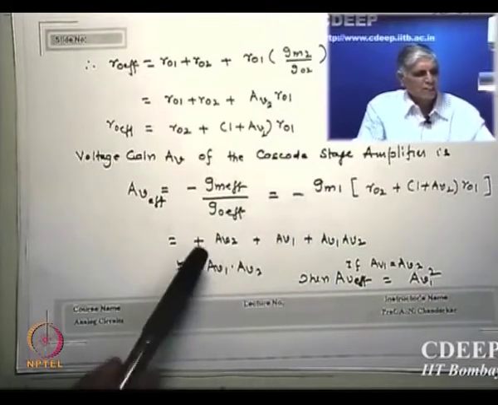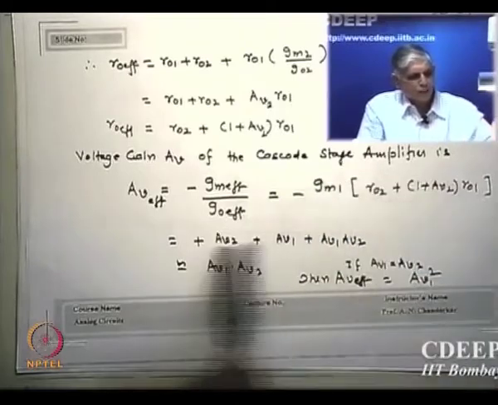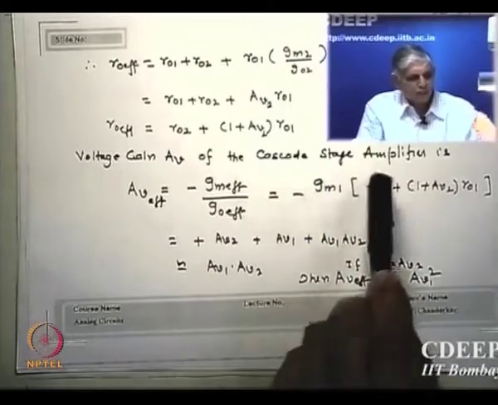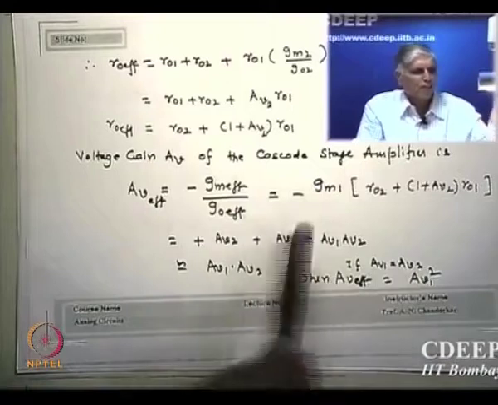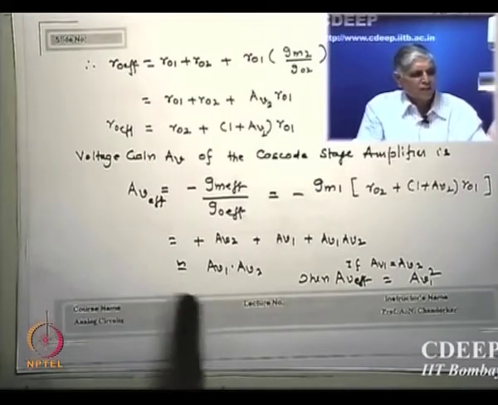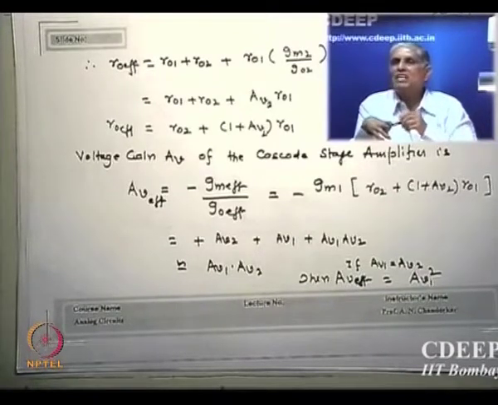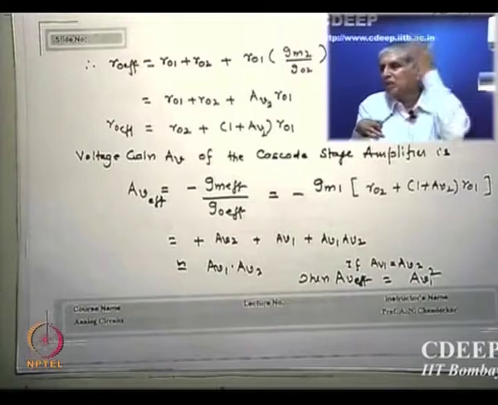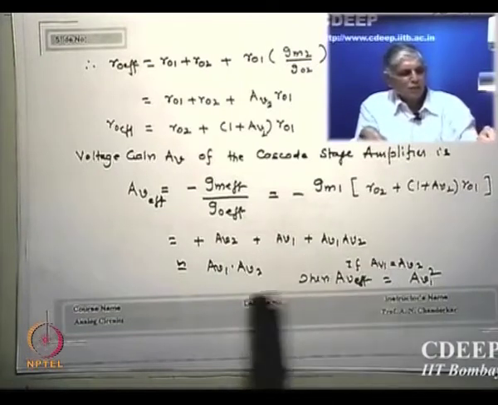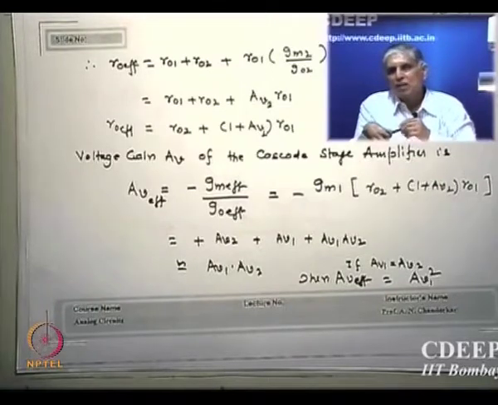Then I say this can be written as GM1 RO1, which is AV1, times RO2. Assuming GM1 is equal to GM2, everything is the same, then AV effective will be equal to AV squared. If GMs are equal, that is sizes are equal and the same current is flowing, GMs will be equal, so AV effective will be equal to AV1 squared.